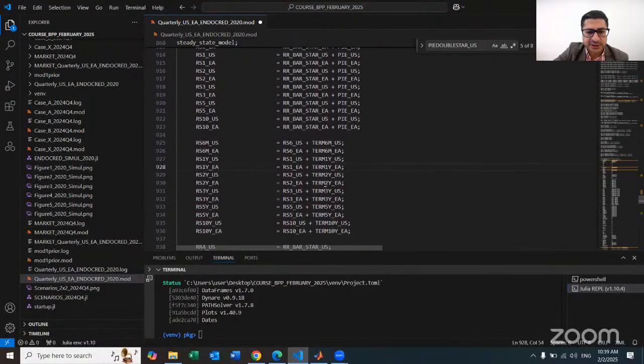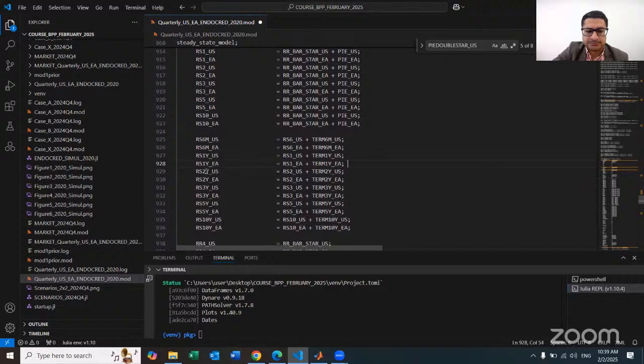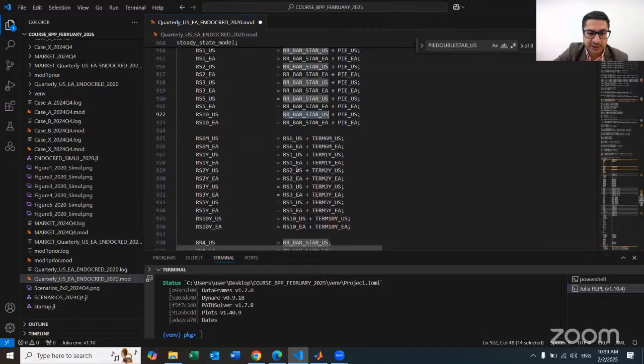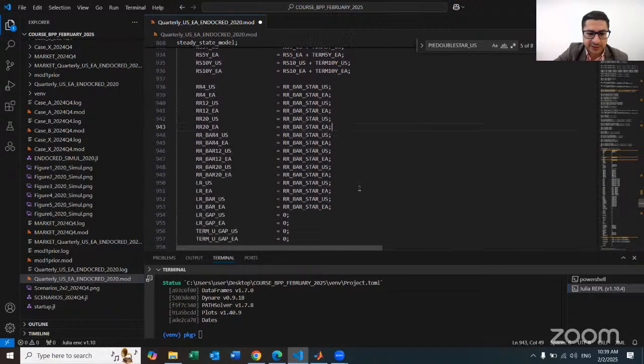Here, everything is pretty clear: the long run interest rate, let's say the 10-year interest rate, equals the expected path of the short-term interest rate over 10 years plus the term premium in steady state. And the expected path of the short-term interest rate is just the short-term interest rate in steady state and inflation. Nothing difficult here.